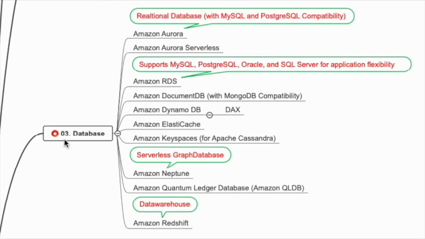Amazon RDS is a database managed by AWS that supports MySQL, PostgreSQL, Oracle, and SQL Server. And in AWS, there is Aurora, a fully managed RDB built by AWS that is compatible with MySQL and PostgreSQL. There is also a service that provides Aurora in a serverless form.